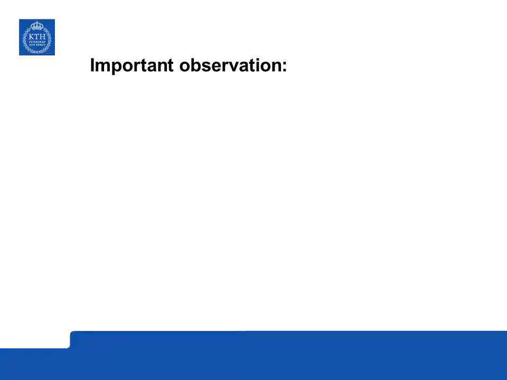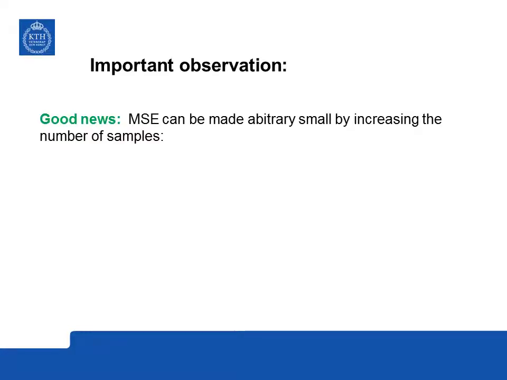So based on this simple example, we can now make two important observations. First, the good news. The mean square error can be made arbitrarily small by simply increasing the number of samples. We saw that the variance drops as 1 over n, or the standard deviation drops as 1 over the square root of n, where n is the number of observations or samples.